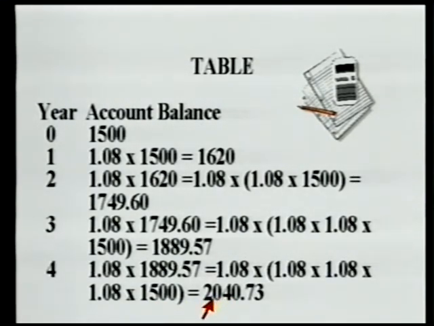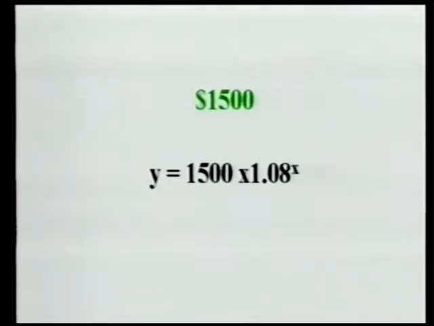Now, since for our purposes we're using 1.08 as a factor, the resulting function we come up with when we look at the pattern in the tables we just observed is y is equal to 1,500 times 1.08 to the x power, x representing the number of years our interest is to be compounded for.